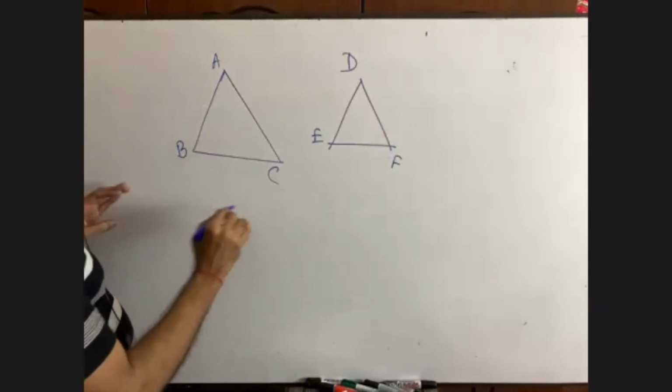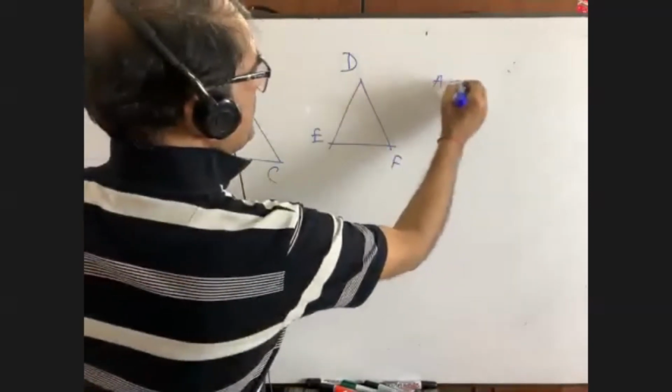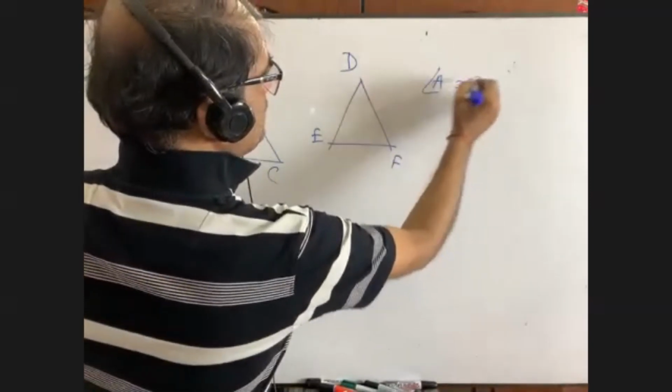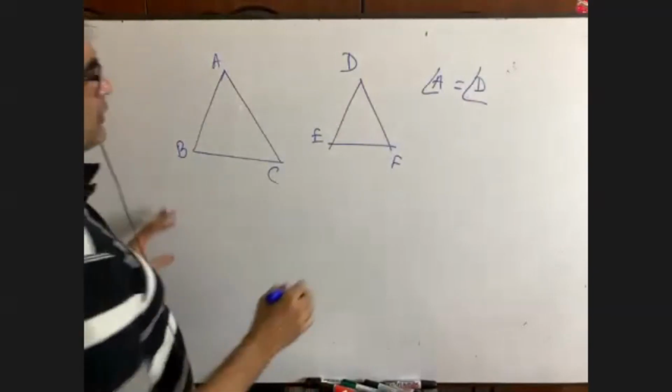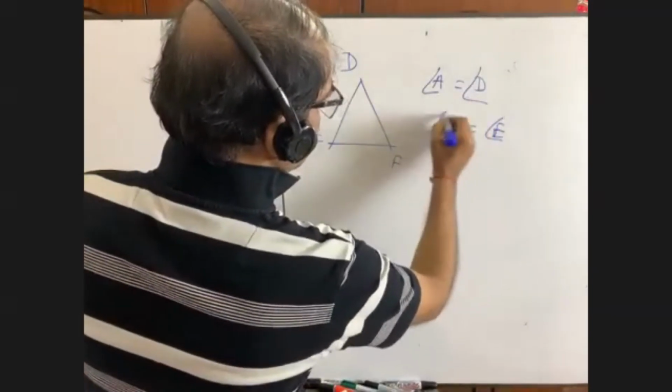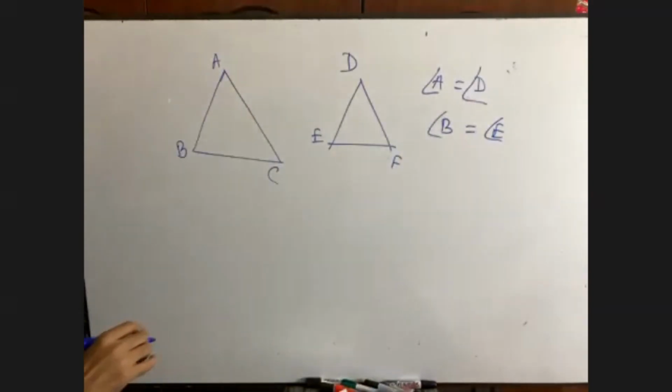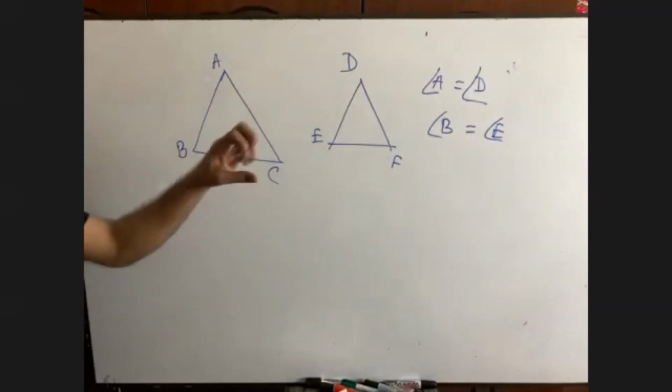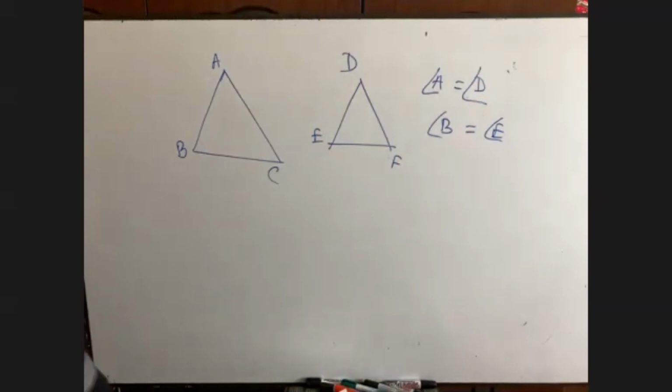You are given angle A equals angle D, and angle B equals angle E. You know, if two angles are respectively equal, then the two triangles are said to be equiangular.